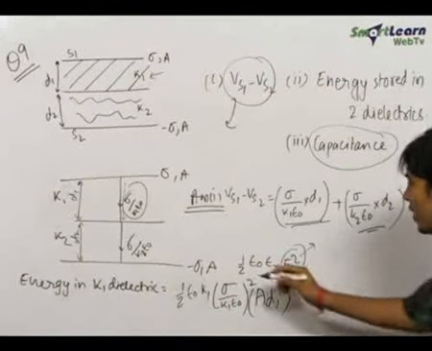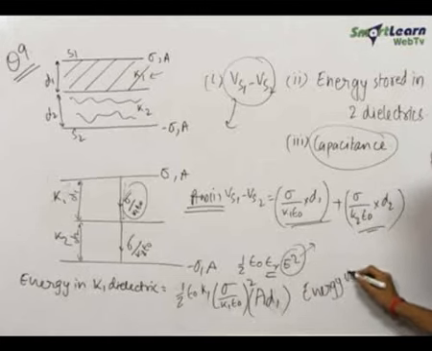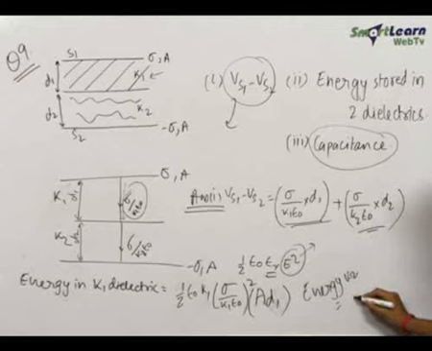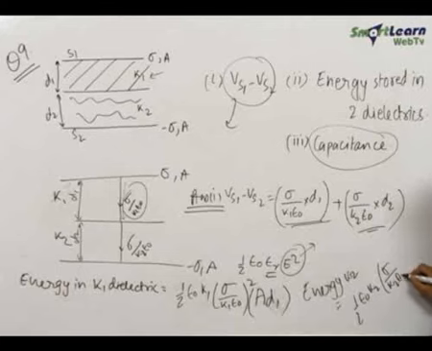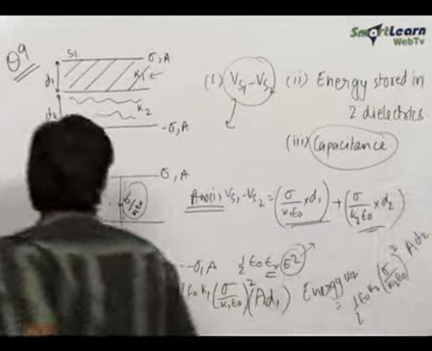Now similarly we can write the energy in K2 dielectric to be equal to half epsilon 0 K2 into sigma upon K2 epsilon 0 whole square into A d2, simply by replacing K1 by K2 over here in this equation, and d1 by d2. So let us write the answers clearly over here.